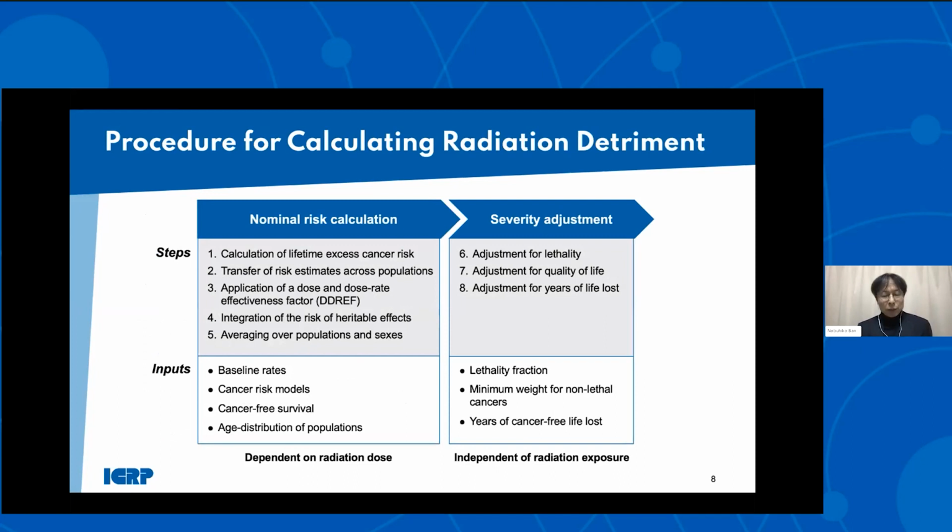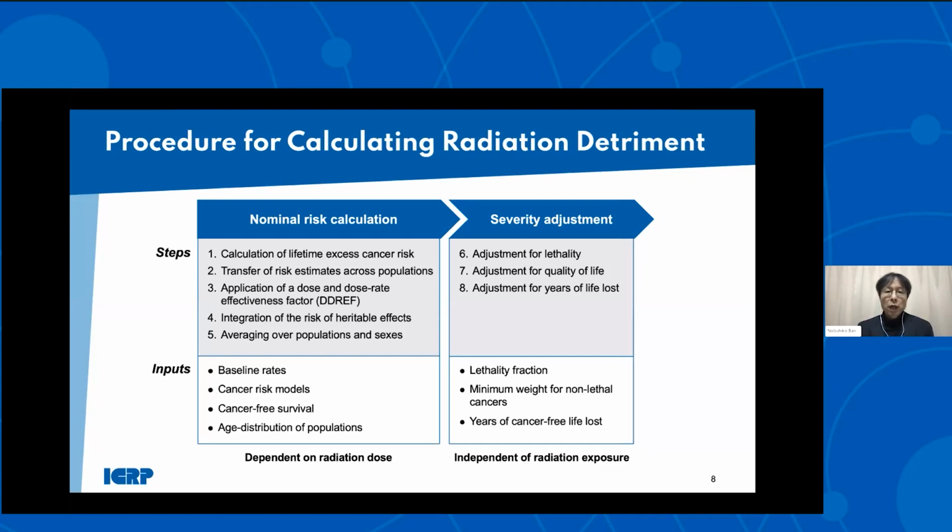Chapter 3 of Publication 152 detailed the procedure for calculating radiation detriment in Publication 103. This picture shows the whole procedure for radiation detriment calculation. The procedure has 2 main parts: nominal risk calculation, and severity adjustment.